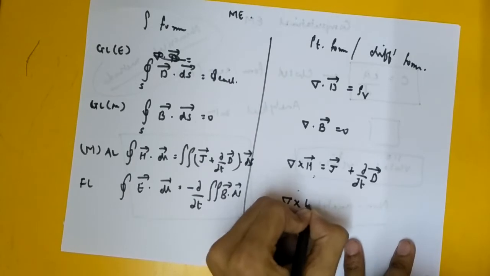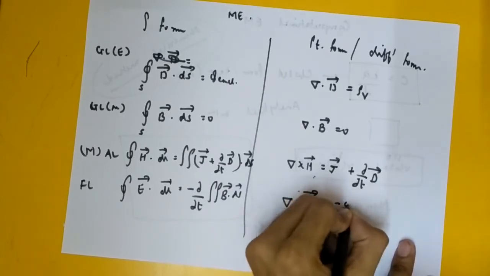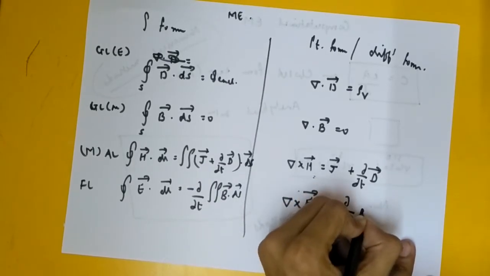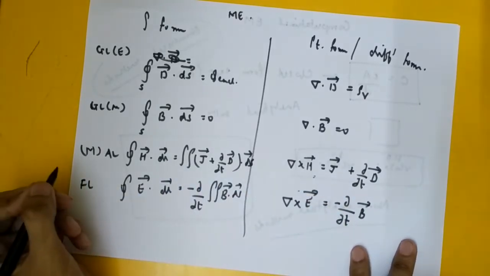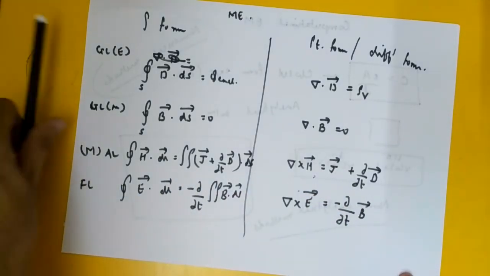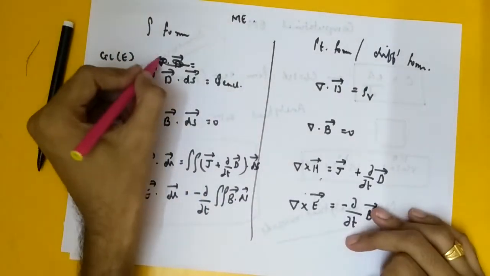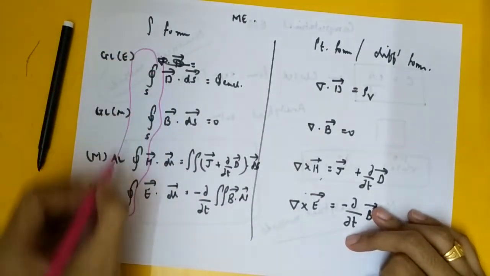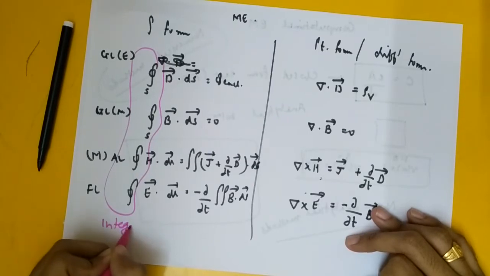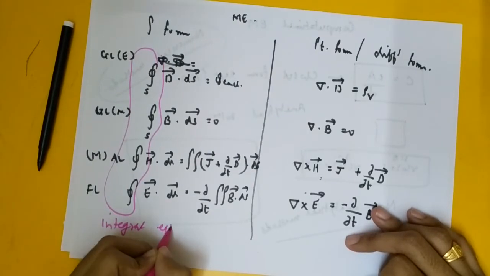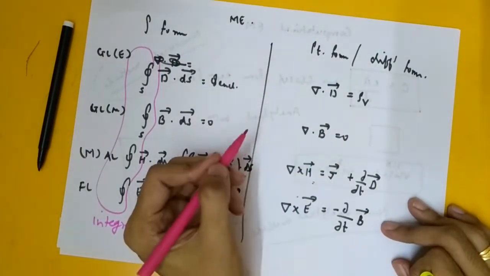Point form is del cross E vector equals minus partial B by partial t. So this side equations are integral equations, and these sides are differential equations.